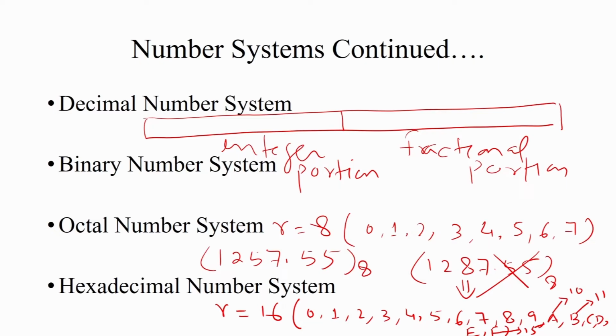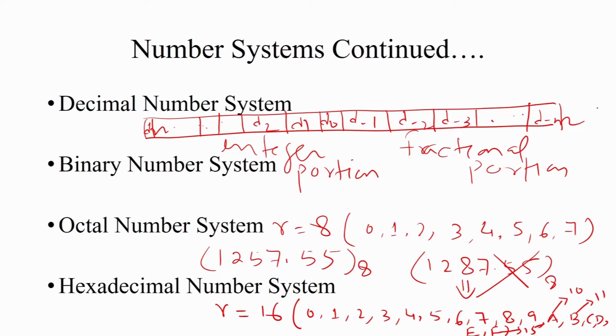Suppose the integer portion is represented by d0, d1, d2 up to dn, and similarly the fractional portion is represented by d minus 1, d minus 2, d minus 3 and up to d minus m.